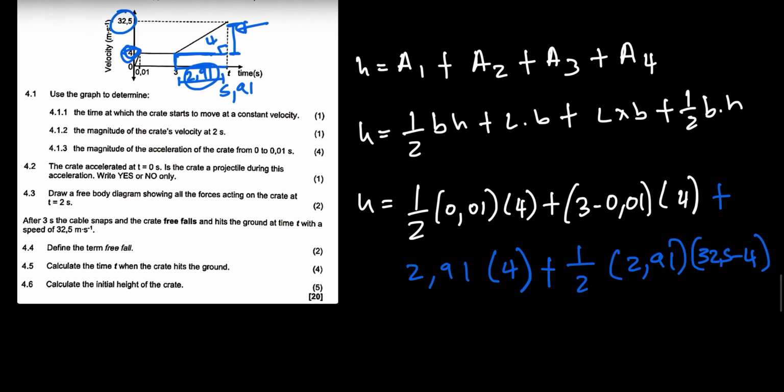And then if we put all this into the calculator, we should be able to get the total height of the crane. Let me just put this in my calculator quickly.